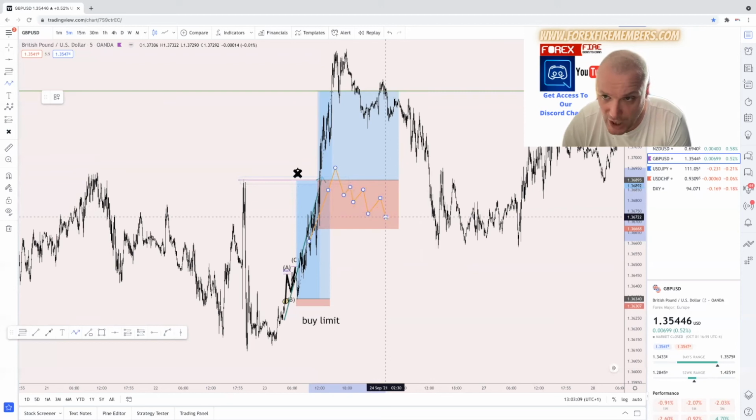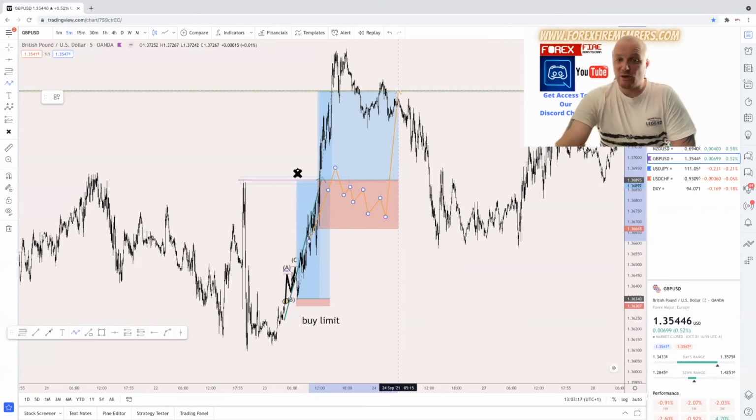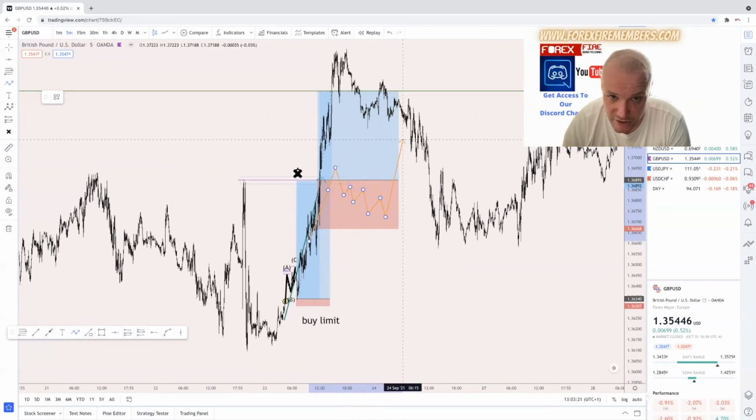Your trade is still valid until it does one of a couple of things. It comes up and it mitigates to our high side for our TP, or you can take partials on the way up on structure.